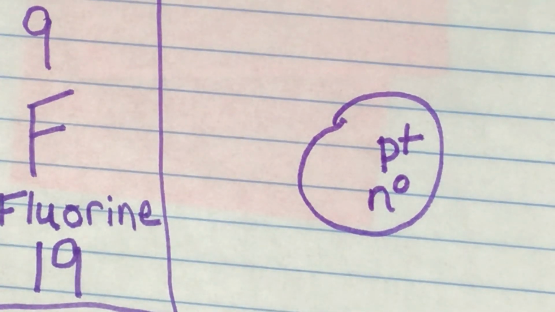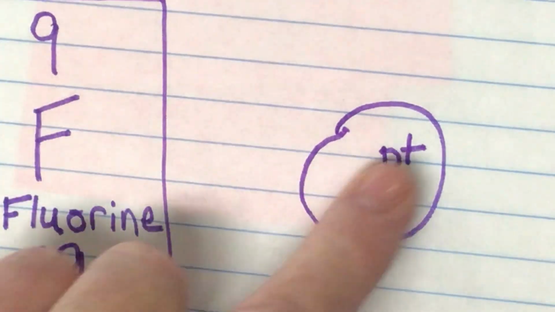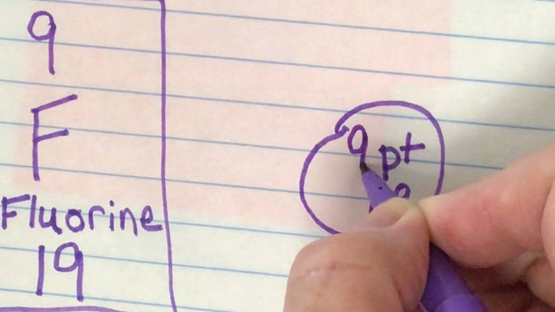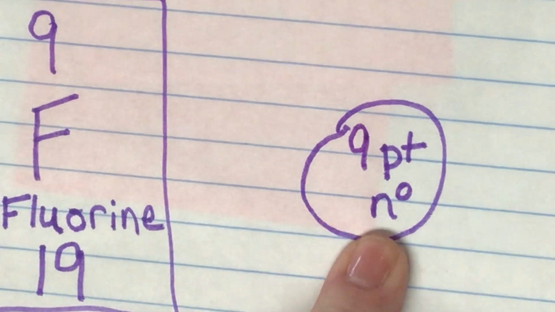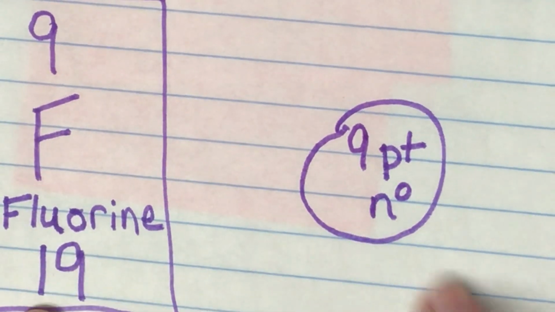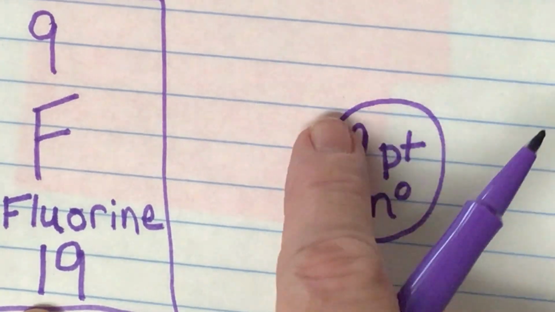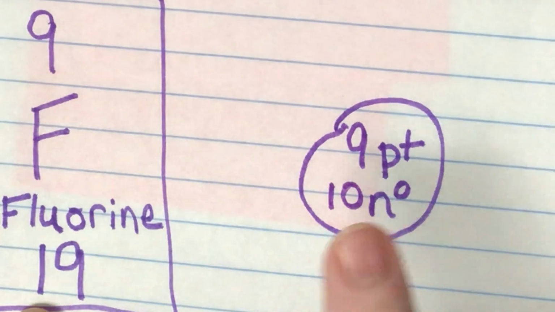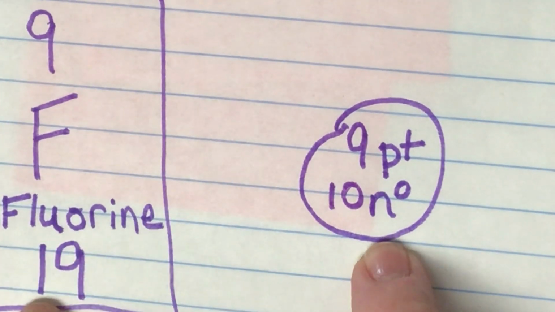All right, how many protons? It's the atomic number. Okay, we're gonna write 9. All right, now we can figure out neutrons. How many neutrons are in this nucleus? We need to have 19 things in here. So if we have 9, we would add 10 to get the mass of 19.